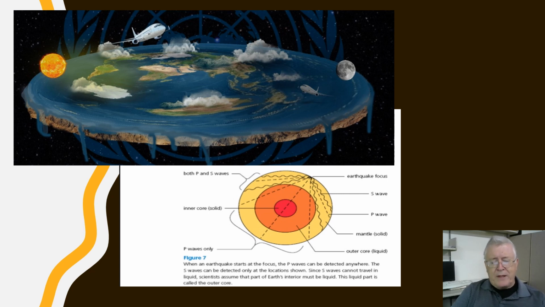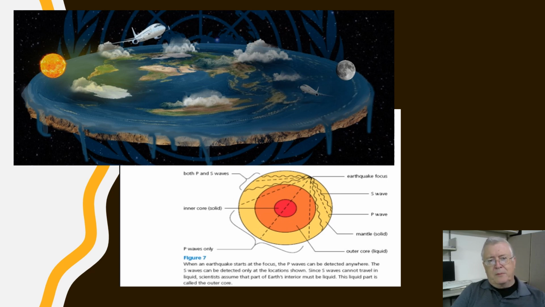Now imagine on this flat Earth picture that we have here that an earthquake happens. Where can we pick a spot there? Near the center, let's say in Saudi Arabia there, you can see almost right at the center of the photo. The waves are going to travel basically in a sphere, every direction.